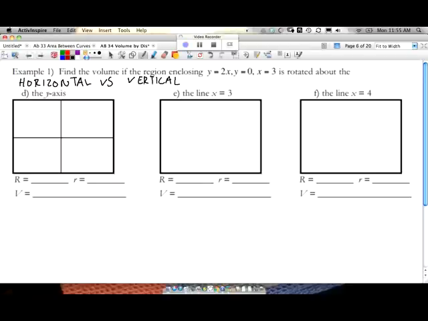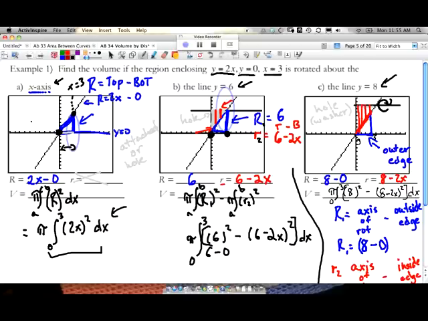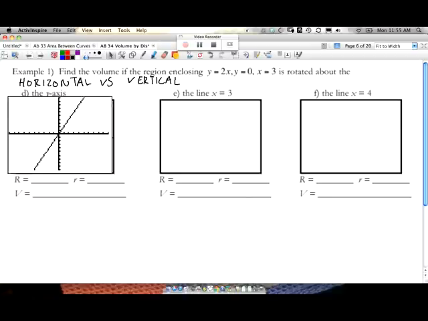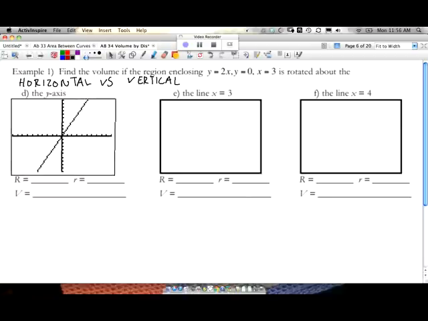Because I'm going to take that same thing, I'm going to copy and paste it. So here, let's take this same picture. The original picture did not change. So there's our original picture. But now we're going to be rotating around a line, in this case the y-axis.